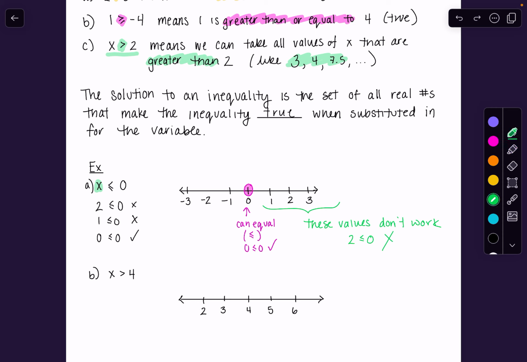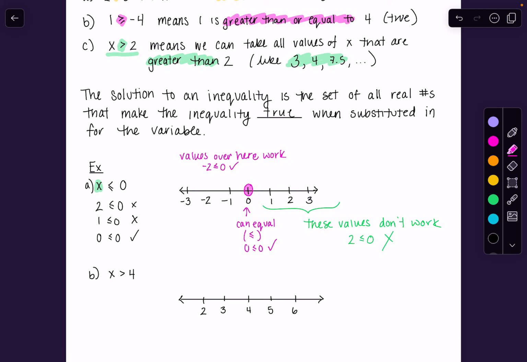So to show you with an example, these values on the left-hand side work, because -2 is definitely less than or equal to 0. I get something that is a true statement.